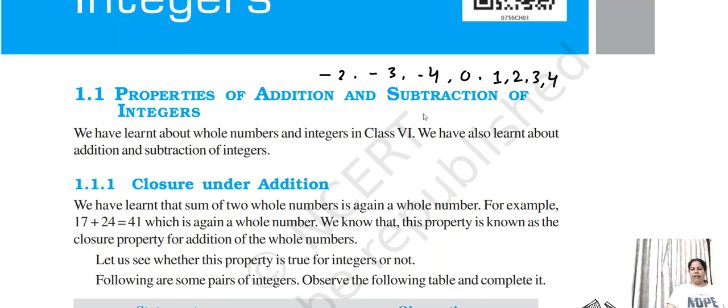So we can say negative numbers, 0, and positive numbers. These all are integers. Okay. Now in this chapter, I think we will read about properties of integers.